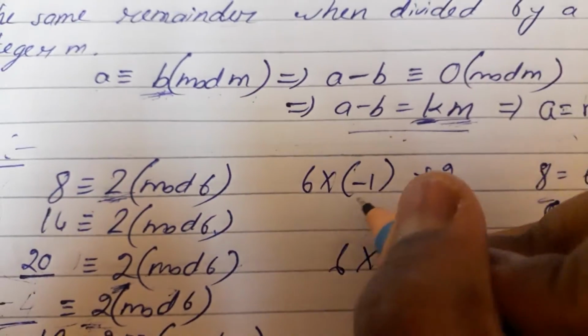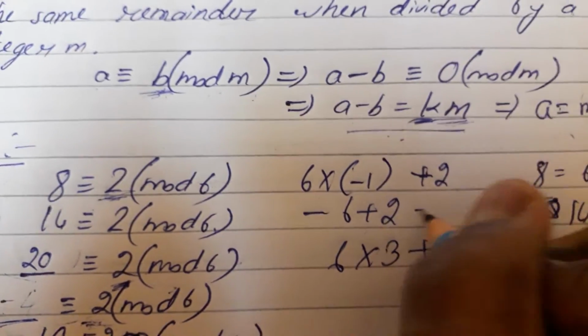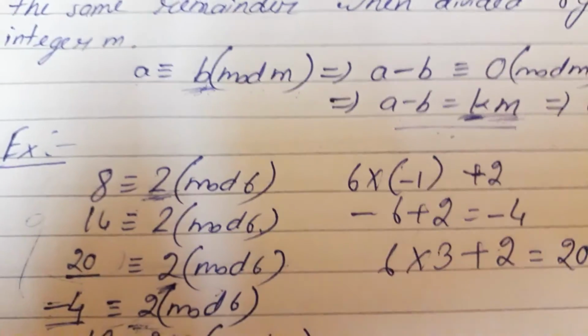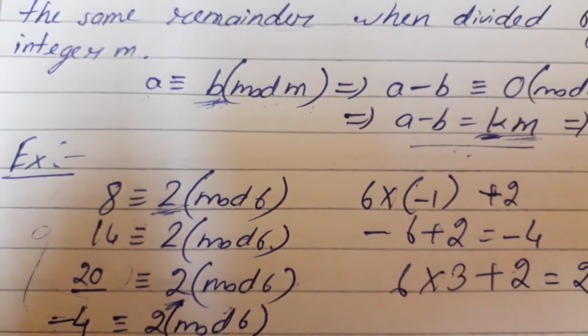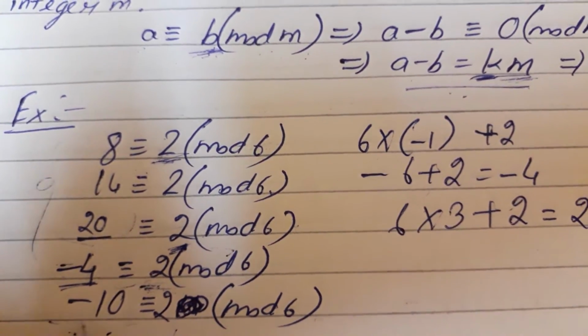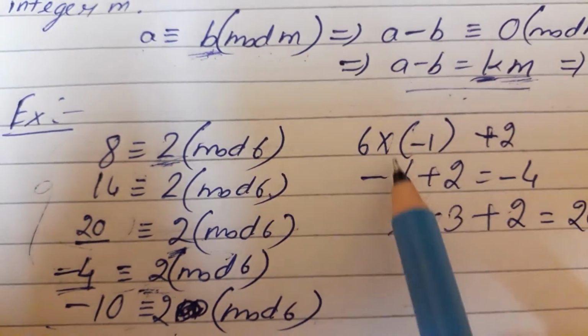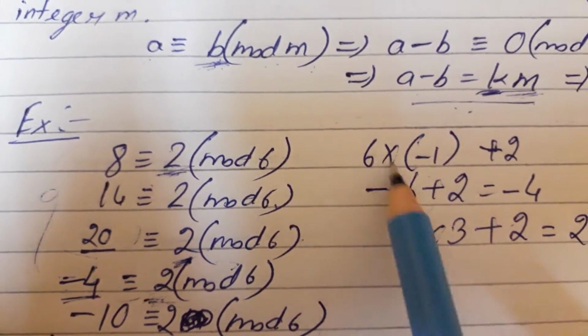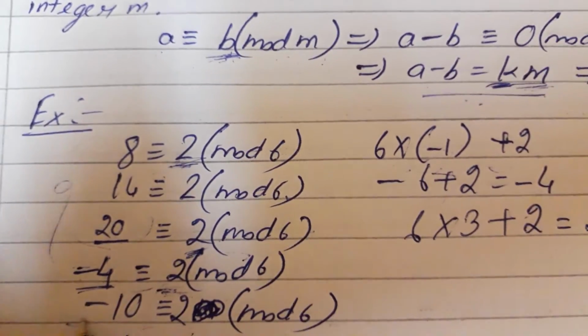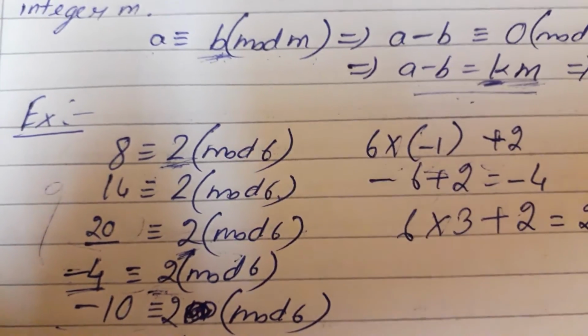In this case we will get minus 6 plus 2, so we will write minus 4. Okay, so in this we have to find it. Now, it can be written as minus 10 also, because we all know that if we take 6 into minus 2, then it will be minus 12 plus 2, which is minus 10. So in this way you have to find.